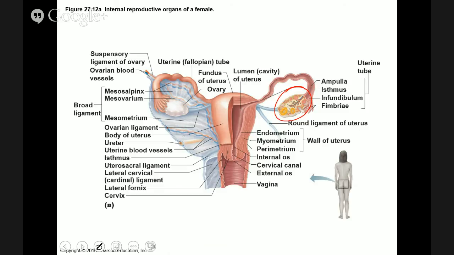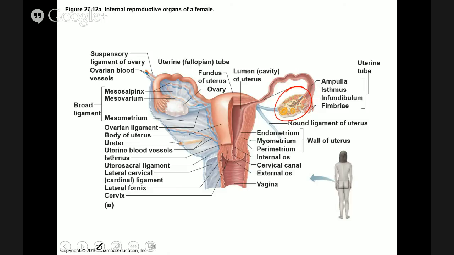So if you think about what the testes were responsible for, it was the maturation, the development of the sperm cell. Well, now we look over here and we have the egg cells, and it's the maturation and development of the egg cell, or what we call the ovum, or the ova, referring to ovary.